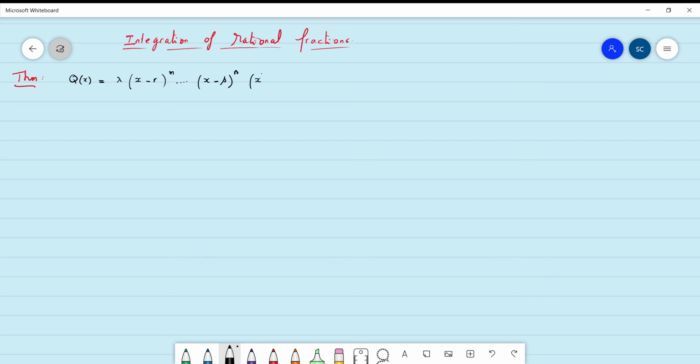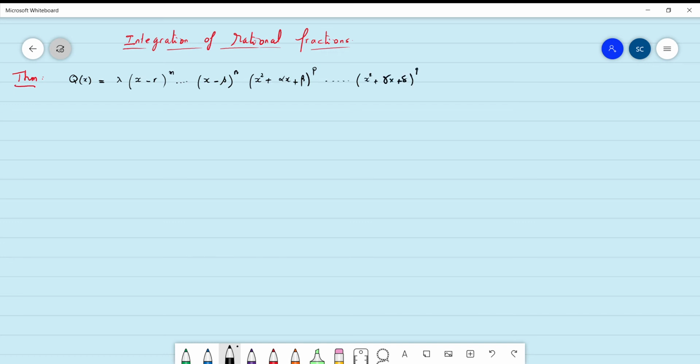We can write them in this form: x squared plus alpha x plus beta to the power p, then other factors and similar factors, x squared plus gamma x plus delta to the power q.